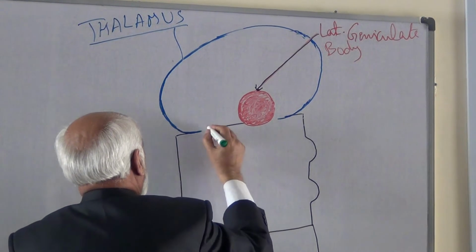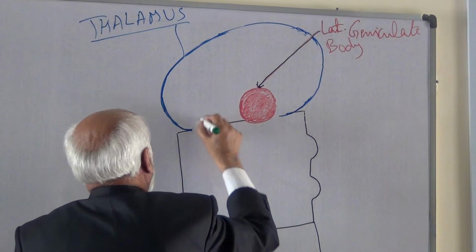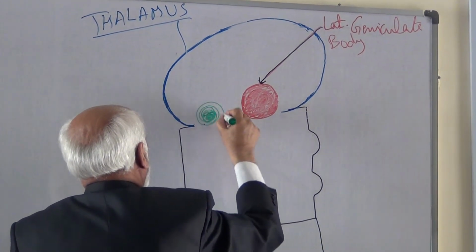And there is another elevation here known as the medial geniculate body.